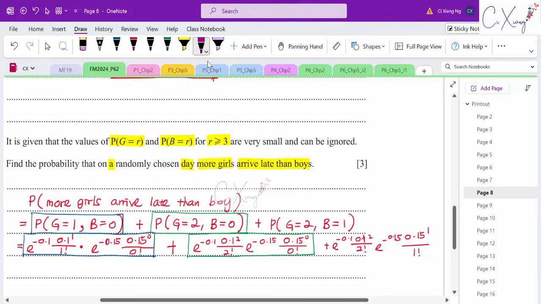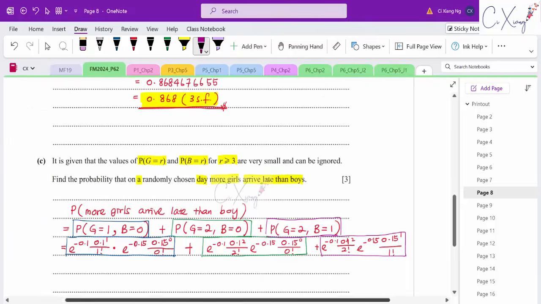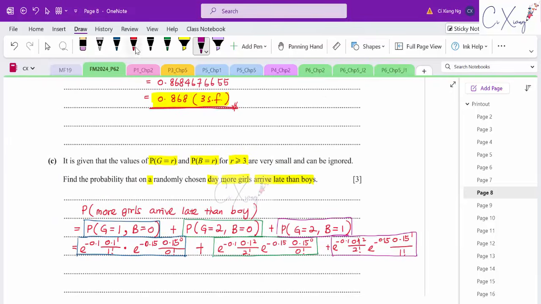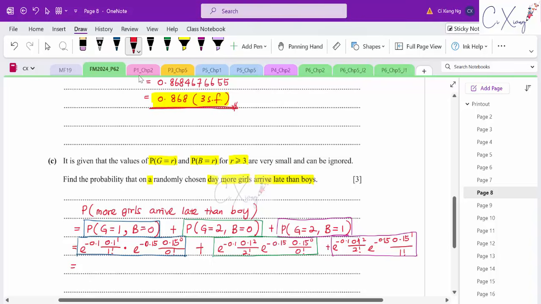So this is the third case here. Since the variables are independent, you can directly multiply the probabilities together. Then use the help of a calculator, of course, and simplify the answer correct to 3 significant figures. By right, you should have 0.0824.